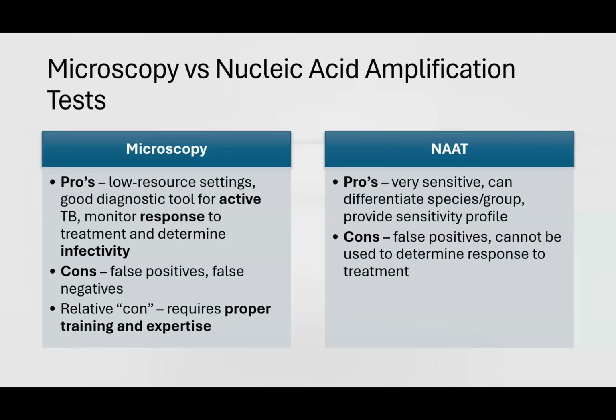The good thing about the microscopy, which is referring to the acid-fast stain, is that it's available more likely than having a fancy PCR machine in low resource settings. And it's actually a good diagnostic and screening tool for active TB.